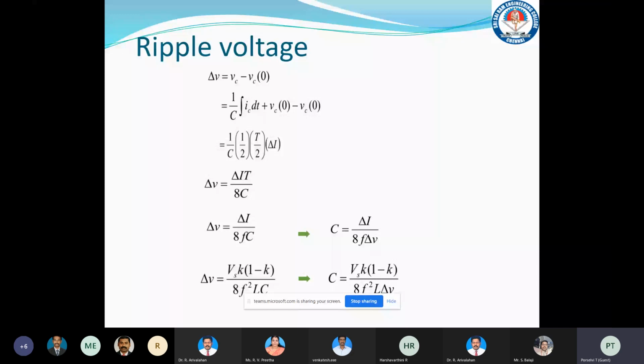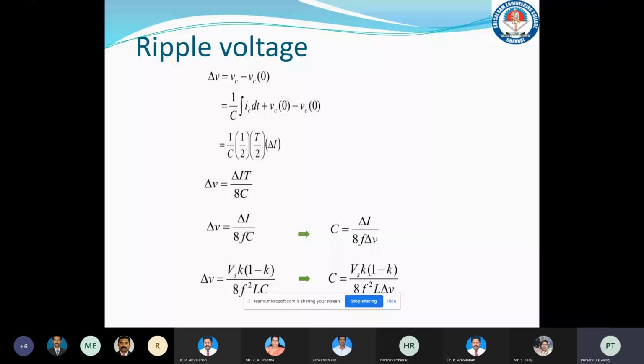After finding out the ripple voltage, in order to have the proper ripple voltage and proper ripple current, we need to choose the filter components L and C in a proper manner, for which we are deriving these two things, which are very, very important parameters for DC to DC converters.